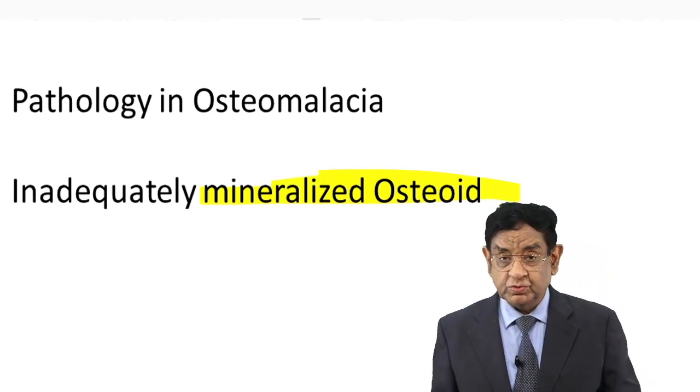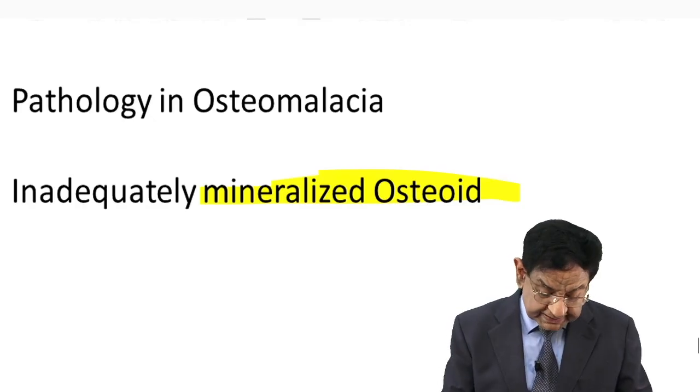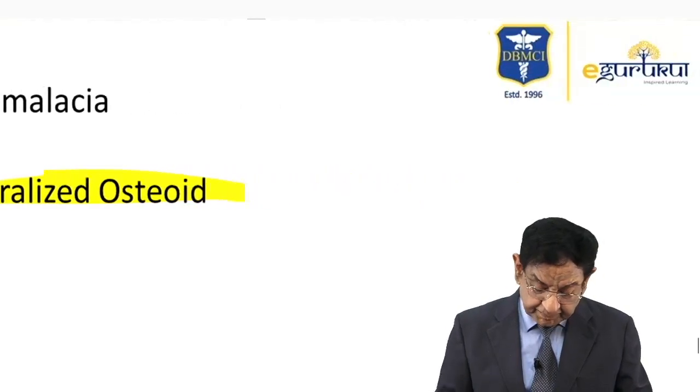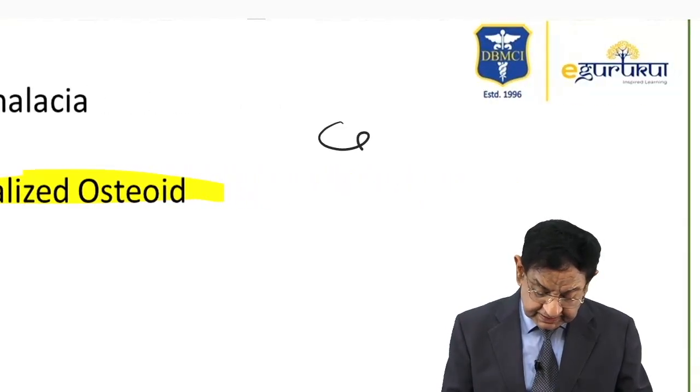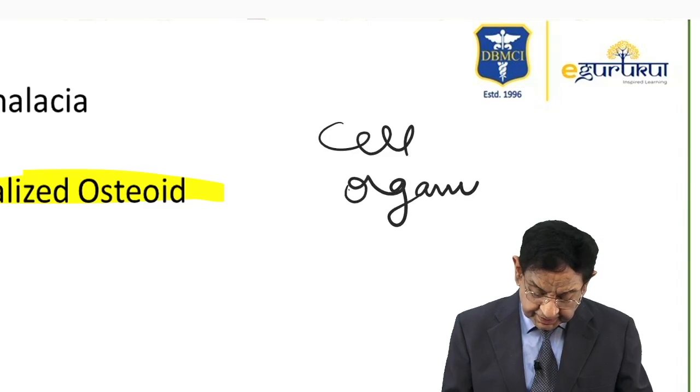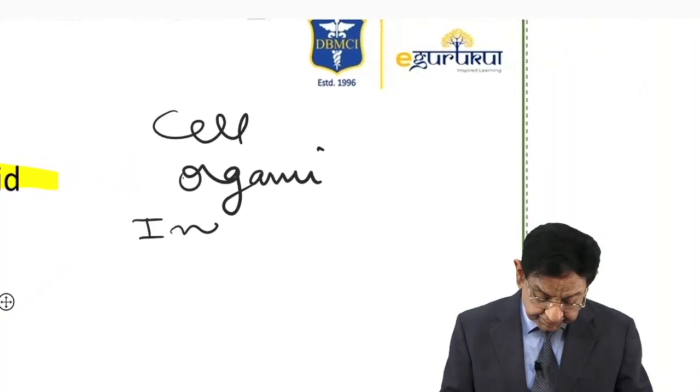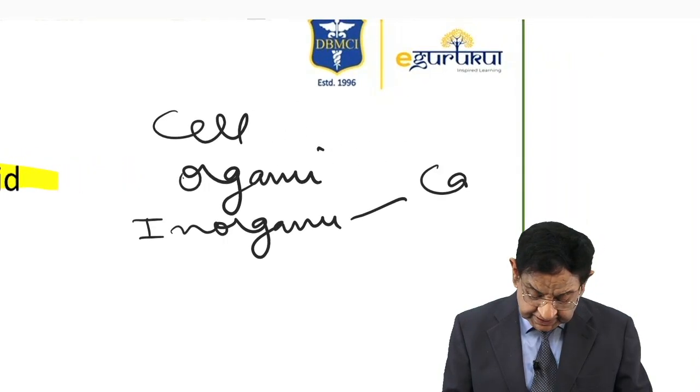We also know from basic anatomy that in the bone we have cells, an organic matter, and an inorganic matter, which is calcium, phosphate, apatite.